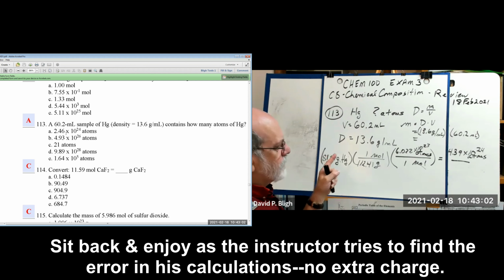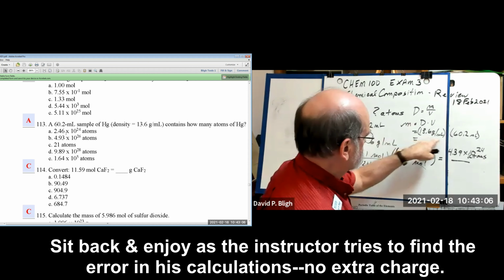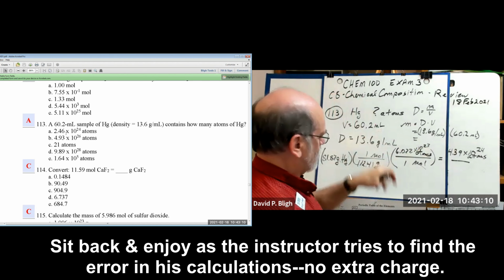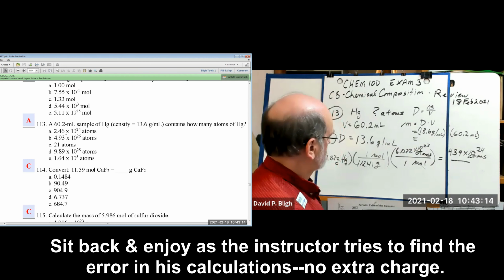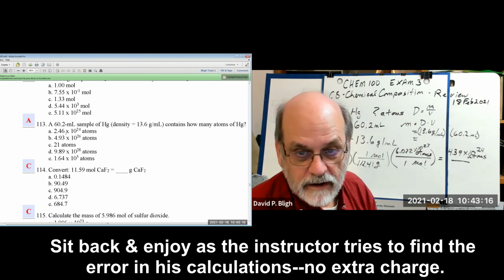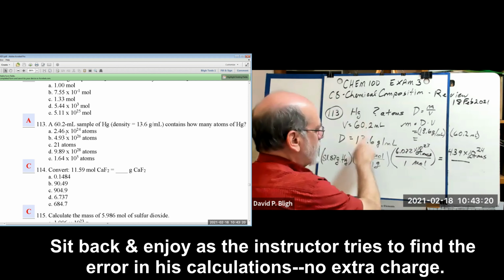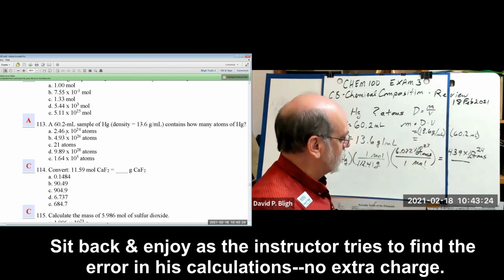We can find the grams, right? Density times volume. They're in the same units, okay? Gotta check that. 13.6. Did I write it down right? 60.2 milliliters. Yeah, that's right. Maybe I punched in my calculator wrong.